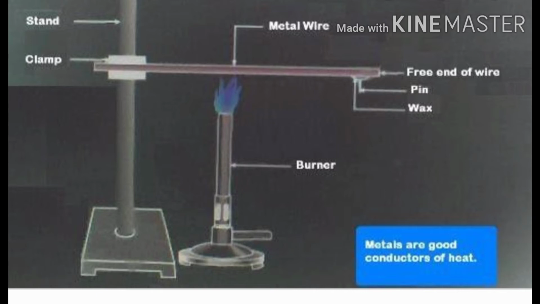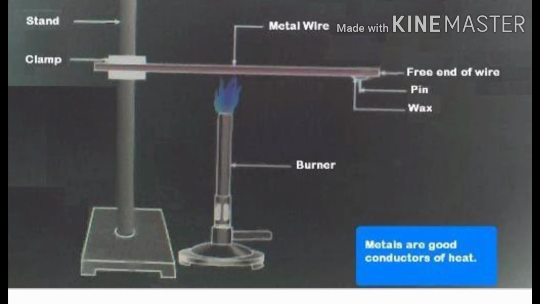What do we observe? As the rod heats up, the pin drops down. This is because the heat melts the wax as it travels from the hot end of the metal wire or rod to the cold end by conduction.